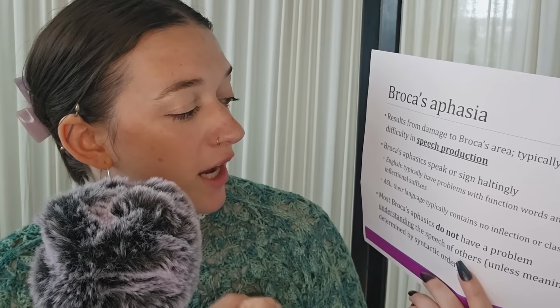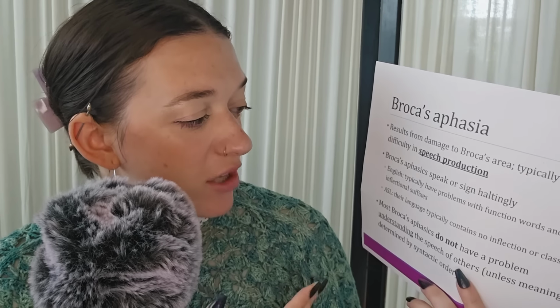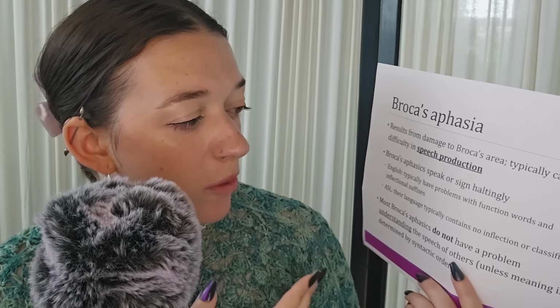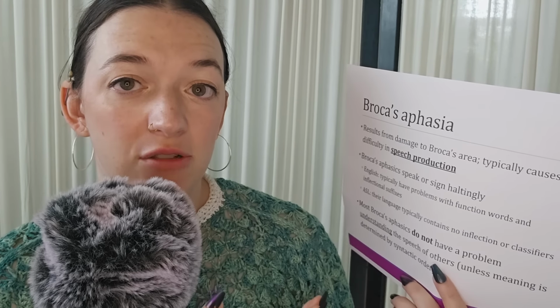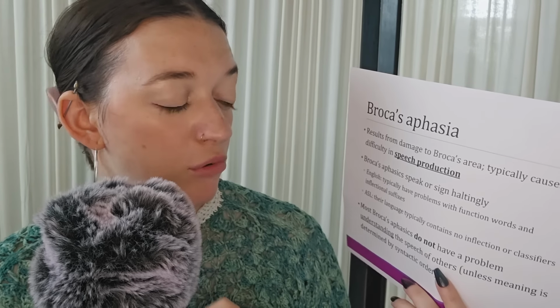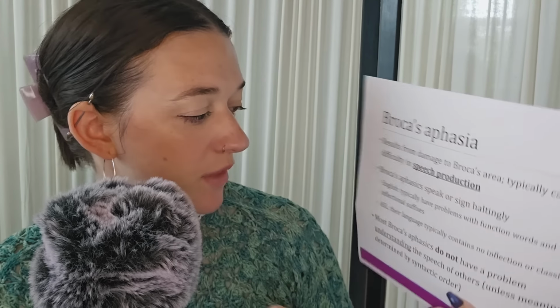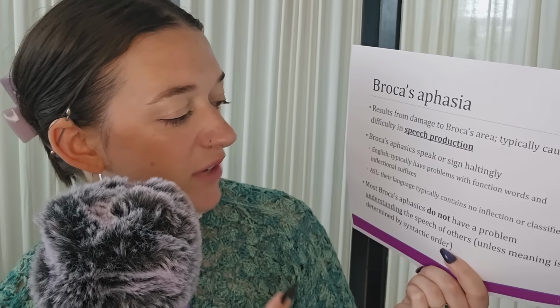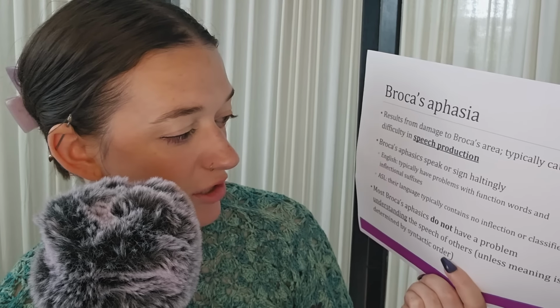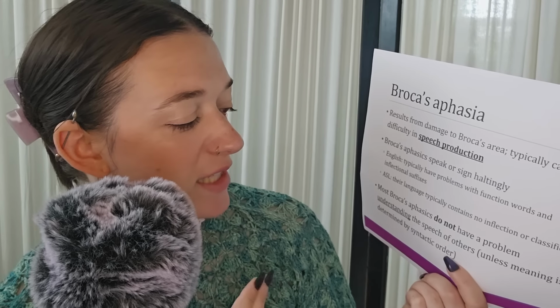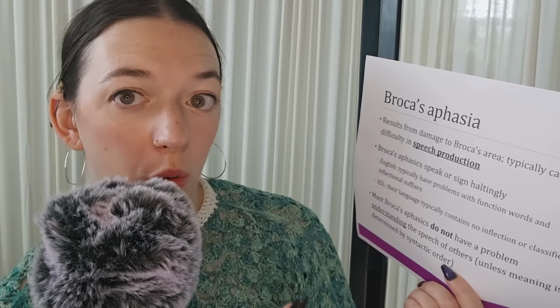And for ASL users, their language typically contains no inflection or classifiers if an ASL user also suffers from Broca's aphasia. Now note that Broca's aphasics do not have a problem understanding the speech of others unless meaning is determined by syntactic order.